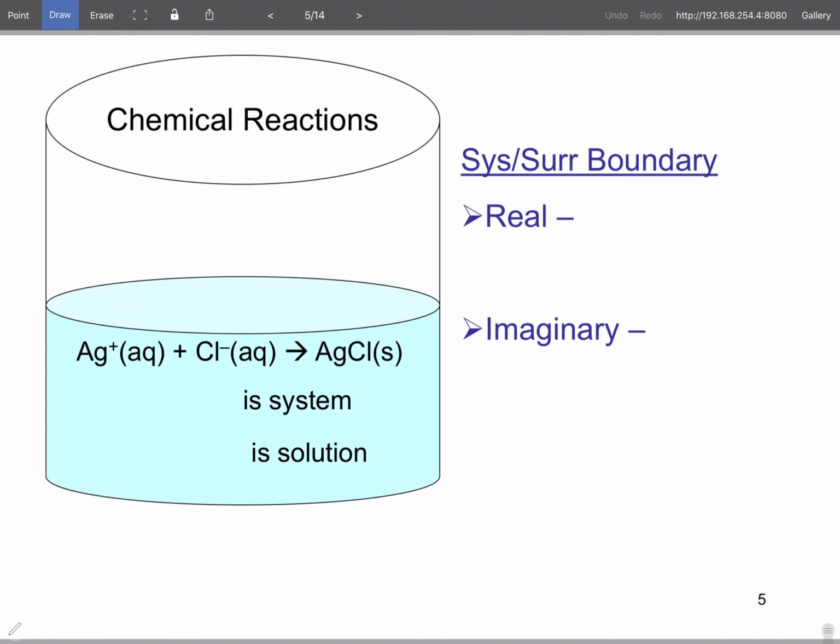Okay? So let's again talk about chemical reactions, because that's what we're going to do in the coffee cup. So with a chemical reaction, what you have is the reaction is going to take place there. So the reaction itself is the system.